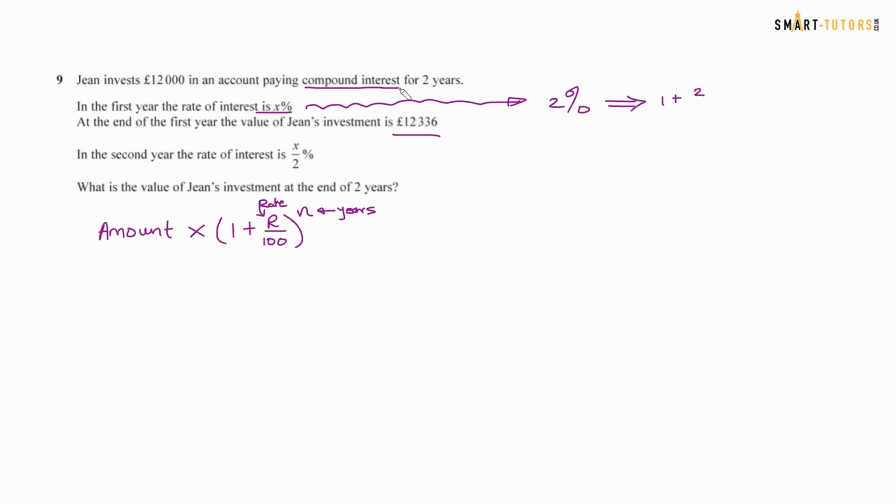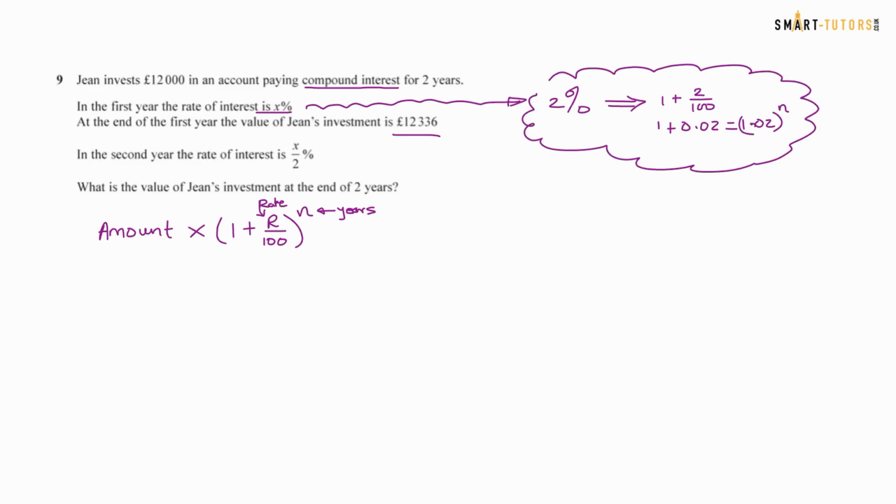If it is 2%, what do we normally do? 1 plus 2 over 100, so 1 plus 0.02, which is 1.02, is the multiplier to the power of the number of years. So that is a little clue for you if it is a number. But here there is no number, it's an X percentage. So let me do it.